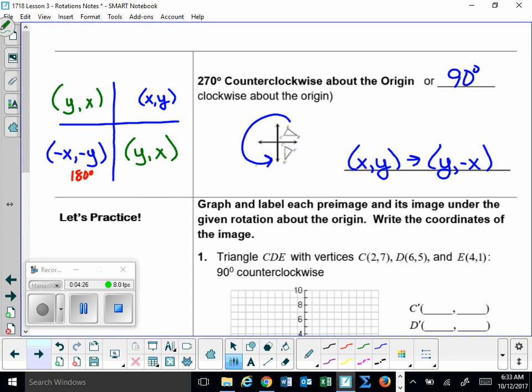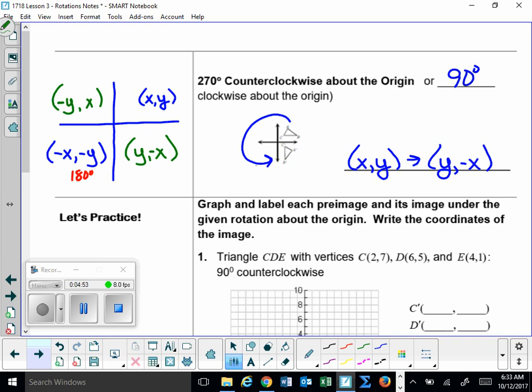Now let's stop and think about this for a minute. In the second quadrant, is it the X value or the Y value that would normally be negative? It's the X value or the first number in your ordered pair. In the fourth quadrant, which part of the ordered pair is negative? Is it the X value or the Y value? Well, it's the Y value or the second part of the ordered pair.